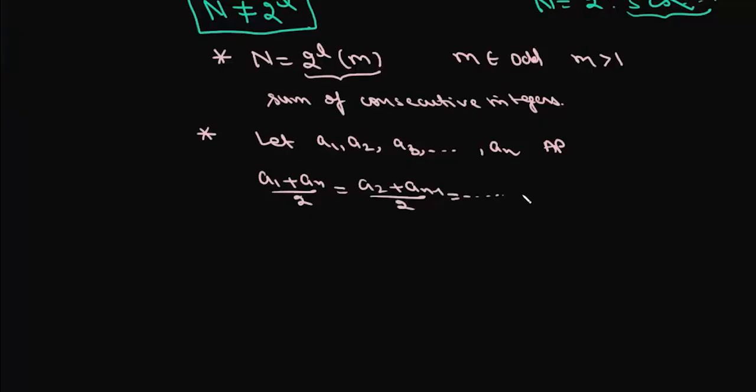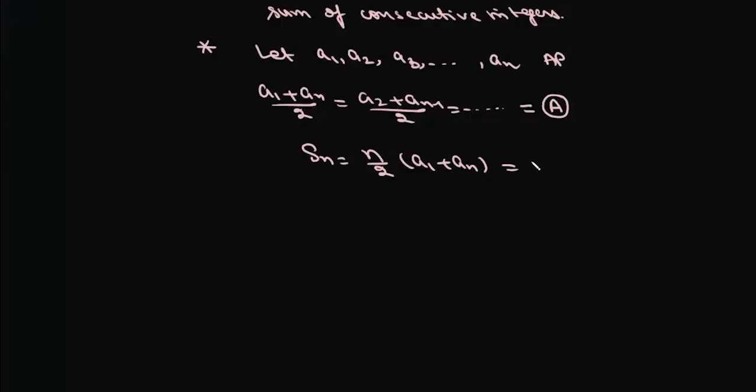Suppose this average is A, and we know that the sum of n terms of an AP is given by n by 2 times (A1 plus AN), and this Sn is nothing but n into A. So basically the sum of these n numbers will be n multiplied by their average.